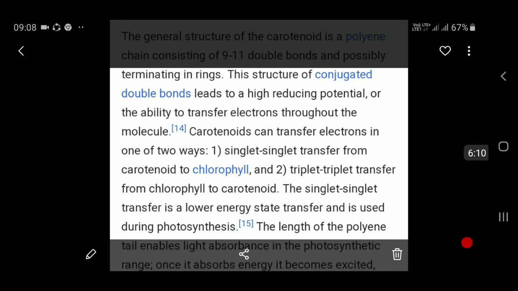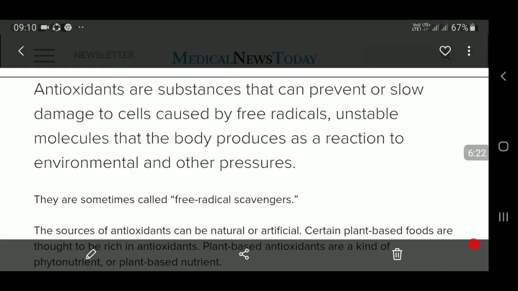This structure of conjugated double bonds leads to a high reducing potential, or the ability to transfer electrons throughout the molecule. This electron transferring ability of carotenoids makes them very good antioxidants.